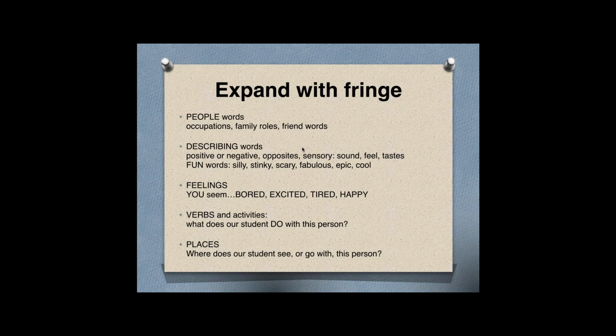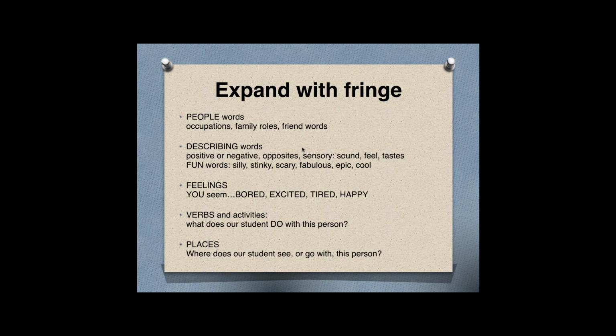We can also expand on what they're saying with fringe words, right? So those fringe words are those words that allow us to be specific. So for example, speech therapist, OT, teacher, educational assistant, those are all occupation words. You could also argue that words like firefighter and fairy and cowboy are occupation words, and those are really fun words.